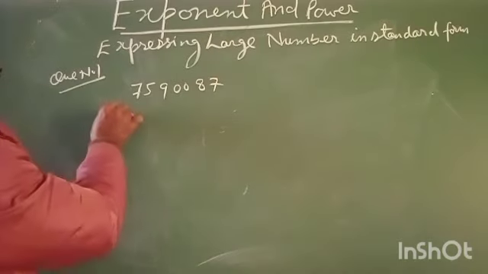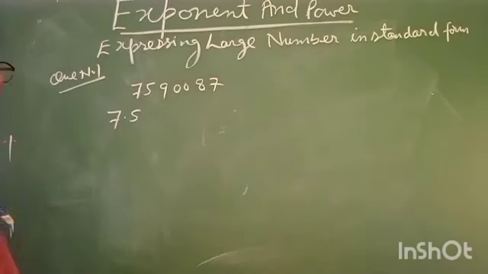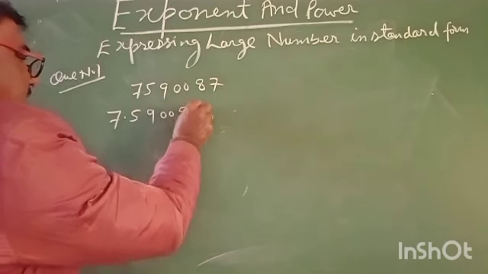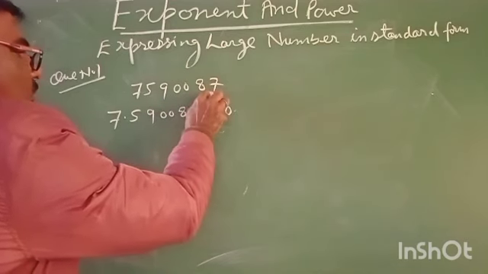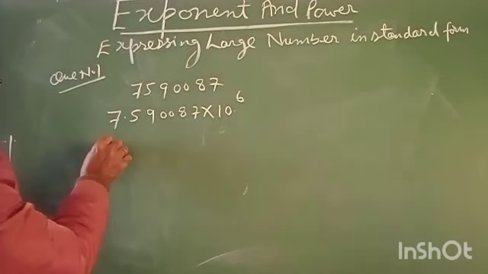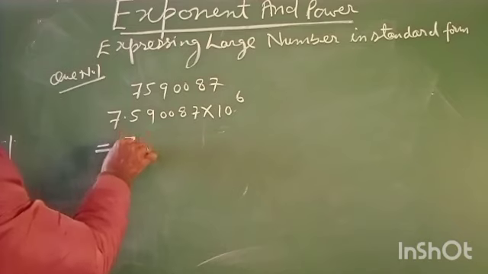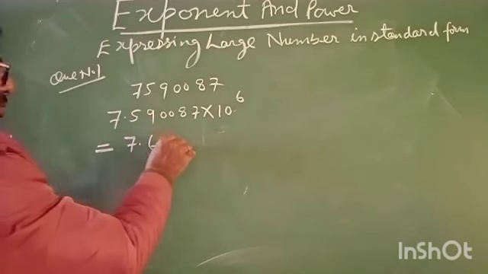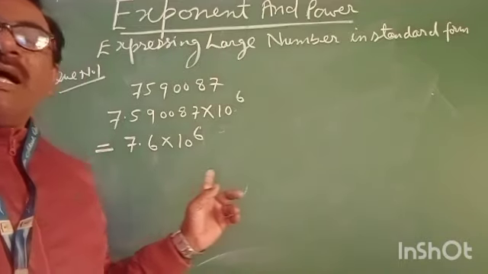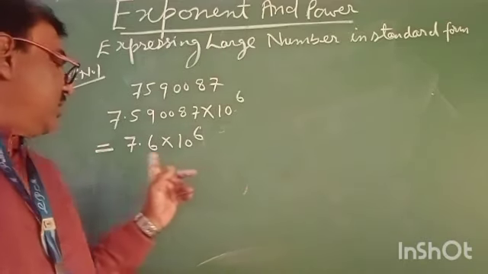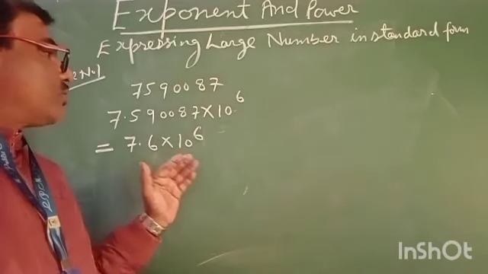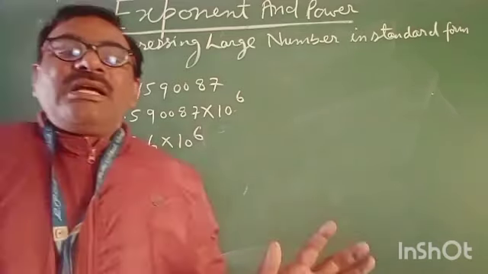So it will be equal to 7.590087 multiplied by 10 to the power 6. Or we can write 7.6 times 10 to the power 6. I see here that this number is between 1 and 10. So I hope that this is clear to you.